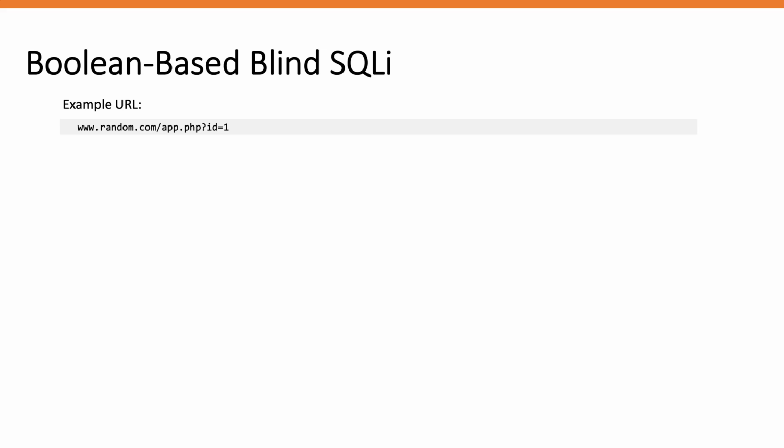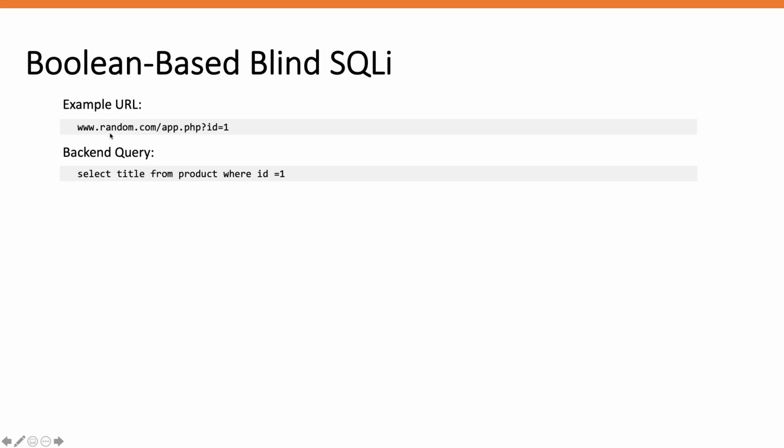So in this case, what you can try, to test if the field is vulnerable to SQL injection, is first inject it with a false payload. So force a payload that you know is false, and then see how the application responds, and then force a payload that you know is true, and see how the application responds. And if the application responds differently to the false payload versus the true payload, then this is vulnerable to Boolean-based blind SQL injection.